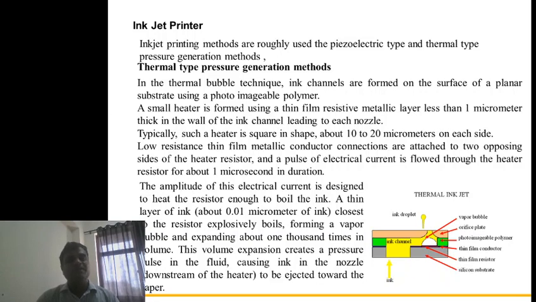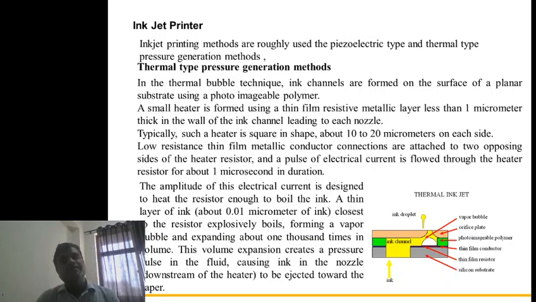There are two types of inkjet printer. First we are going to discuss the thermal type inkjet printer, then the piezoelectric type. Thermal type and piezoelectric type are basically pressure generation systems.